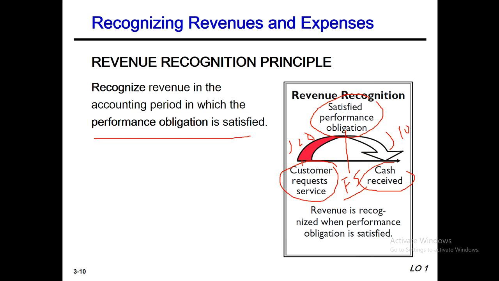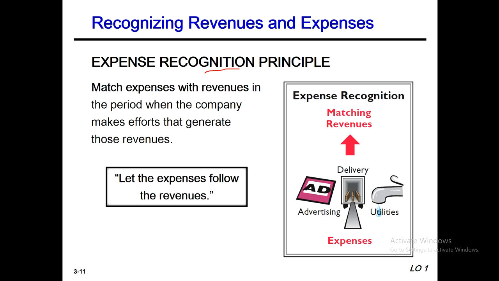Now the expense recognition principle: match expenses with revenues in the period when the company makes efforts that generate those revenues. In our previous example, on June 20 we received our revenue and recognized it, and to generate this revenue we made an effort, which is the expense.